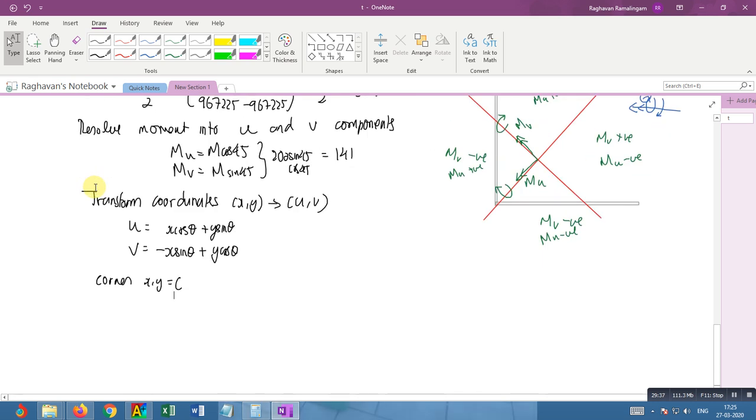So both are minus 26.86 comma minus 26.86, and the theta is, it's been rotated by 45 degrees. That's your inclination of principal axis. So just substitute minus 26.86 for x and y and 45 for theta. So you will get minus 37.98 for u, and v will be 0. Is it right?